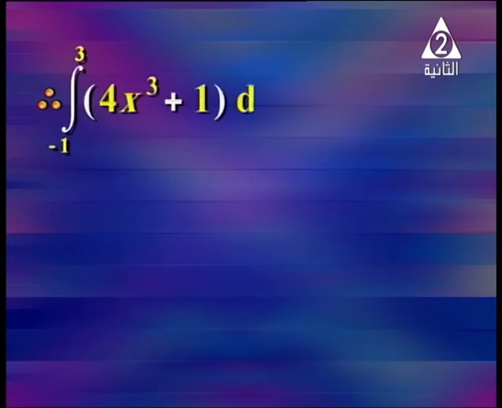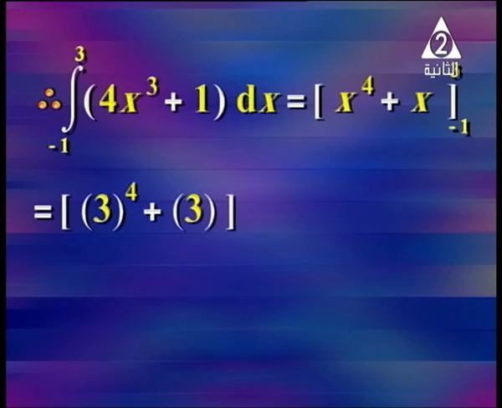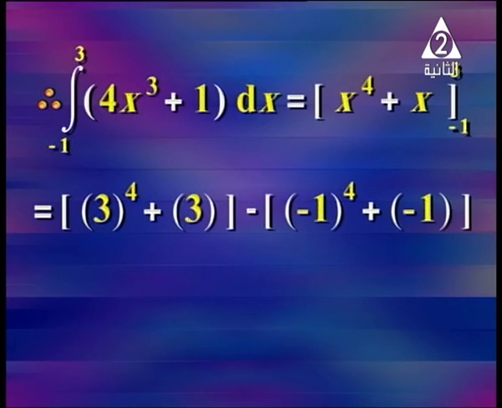the integration from negative 1 to 3 of the bracket containing 4x^3 plus 1 dx is x^4 plus x, from negative 1 to 3. By substitution: 3^4 plus 3 minus, negative 1 to the power 4 plus negative 1. What is the integration of x^3? x^4. Why?